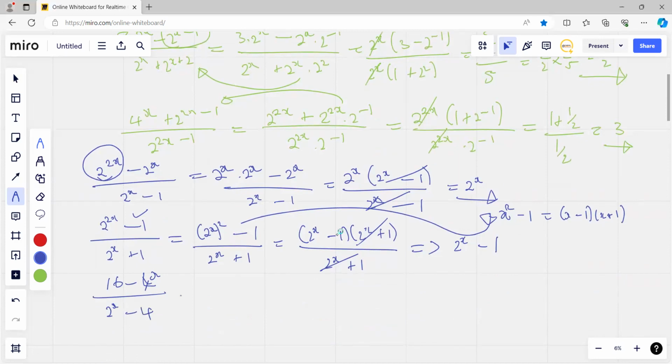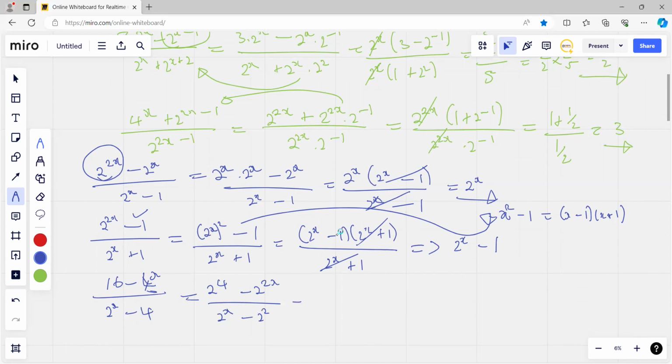This is equal to, remember, 16 in the calculator, shift factor, you get 2 to the exponent 4. So 2 to the exponent 4 minus 2 to the exponent 2x because of the 4 there, divided by 2 to the exponent of x minus 2 to the exponent of 2.